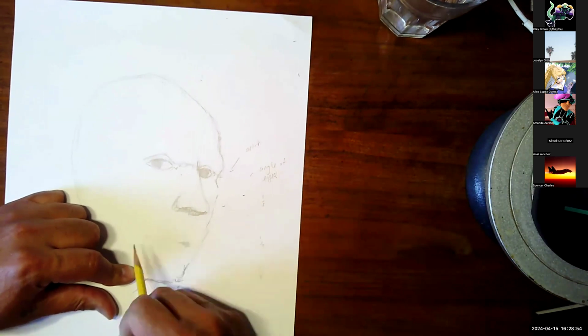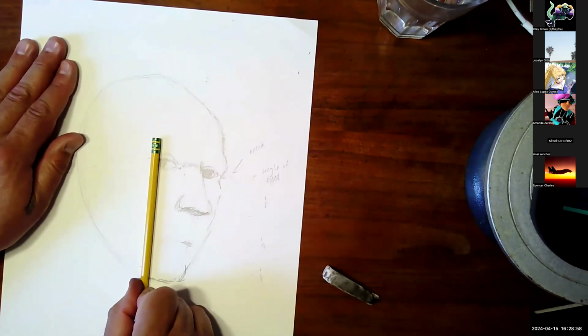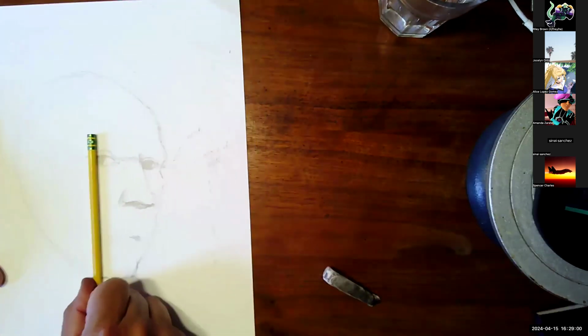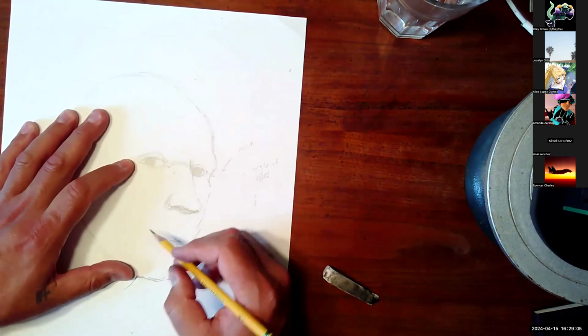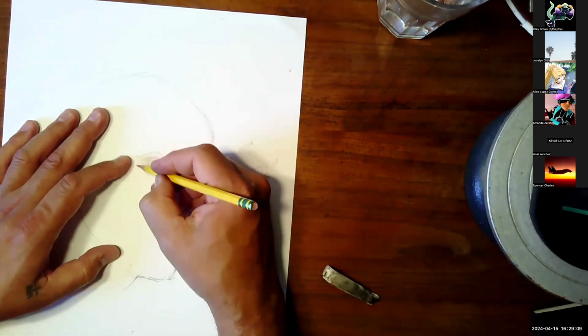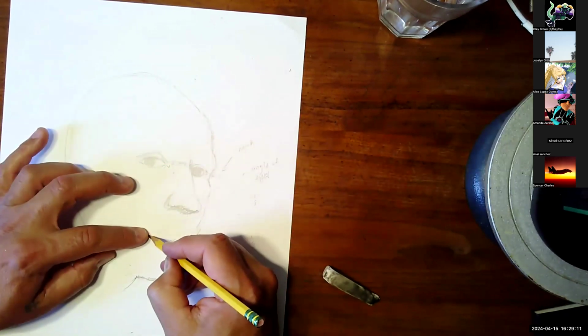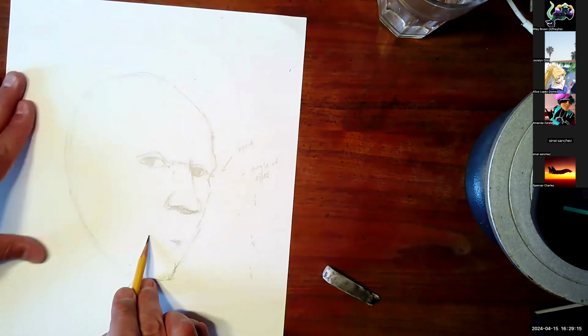So I'm looking for clues. Okay, I'm looking for clues. So if I do that, see, it's parallel here. That's where the neck is. And then if I were to create a little straight line, his mouth, the bottom of his lip, here's my center line, right? It's right about there.